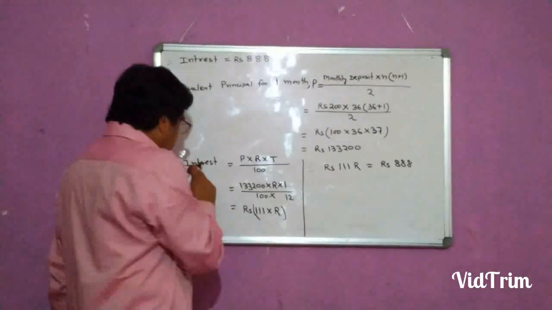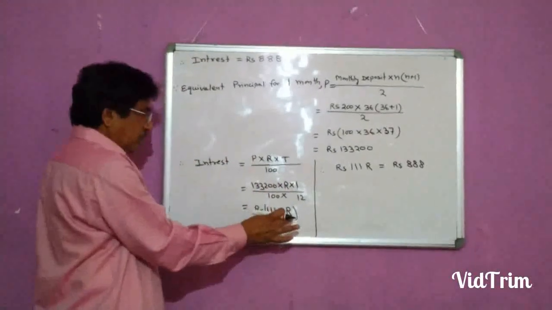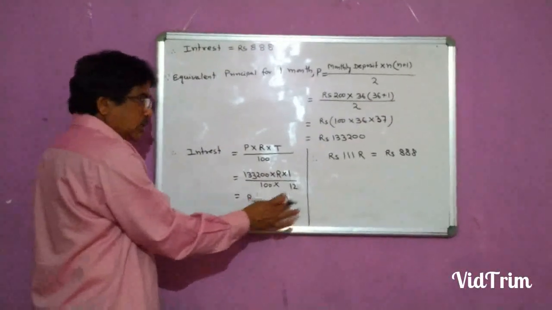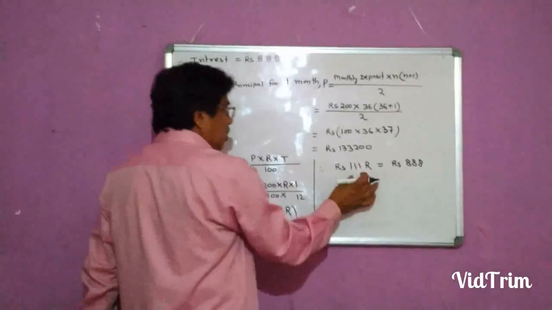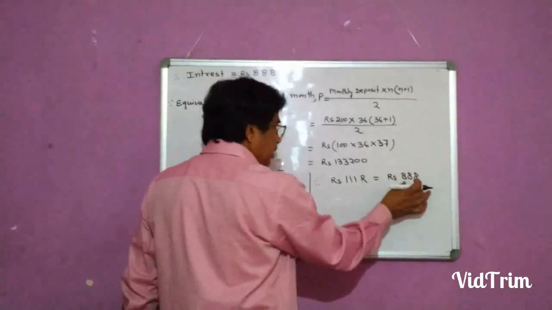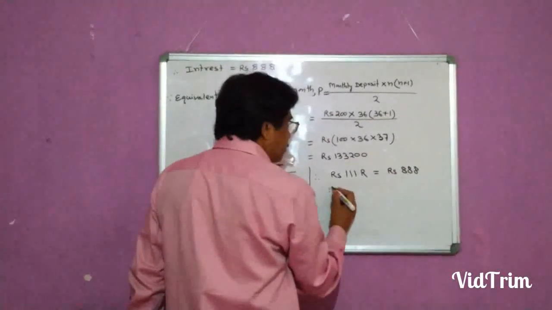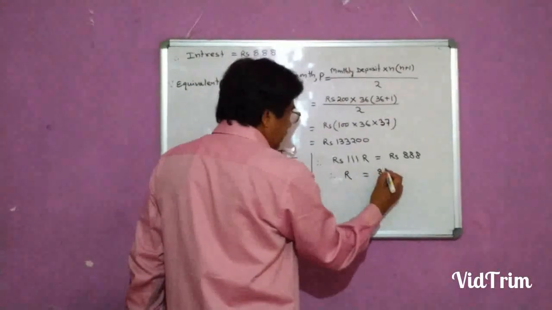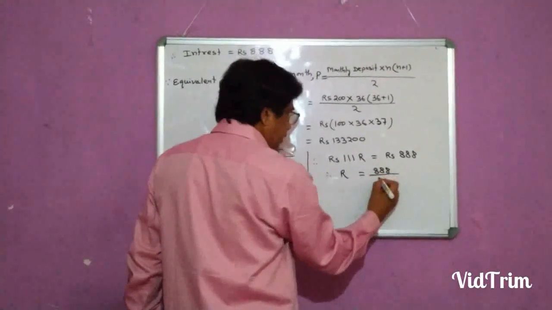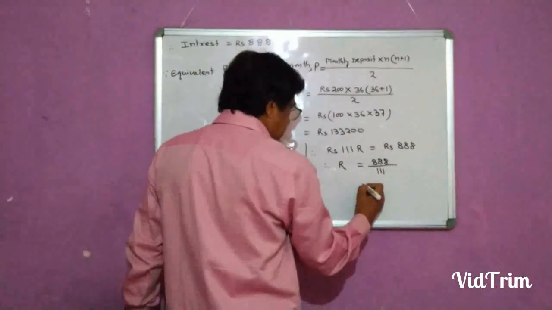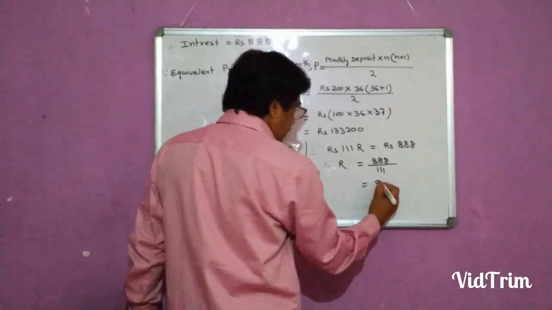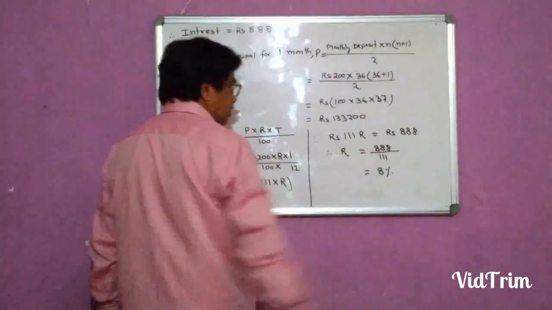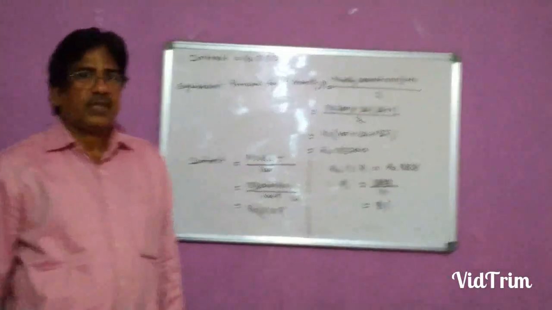So this 111 into R, or 111 R, is equal to 888, and therefore simply R will be equal to 888 by 111, and this is equal to 8%. This is your answer.